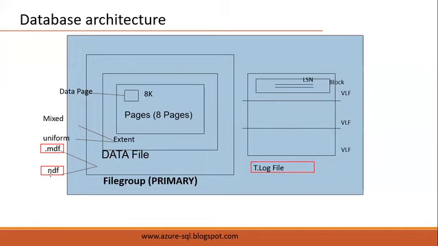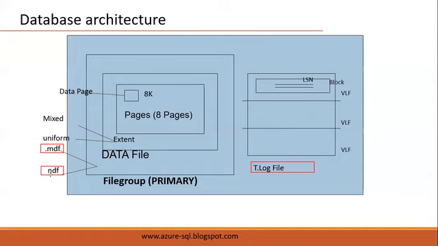So there are two types of files: data files and transaction log files. Understood, right?